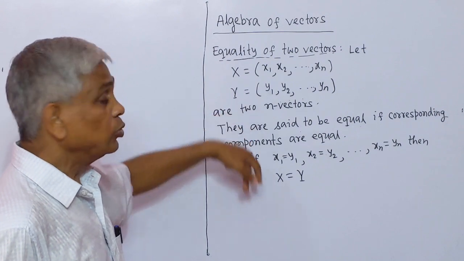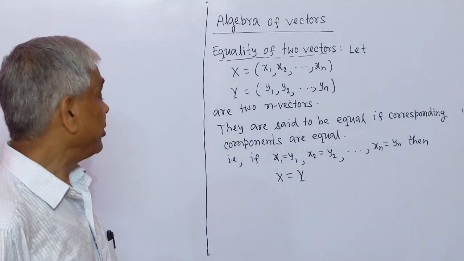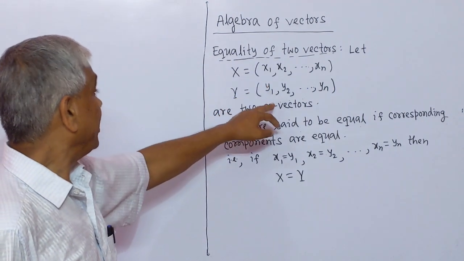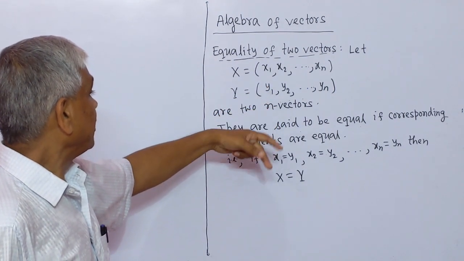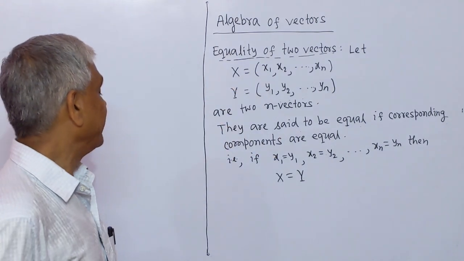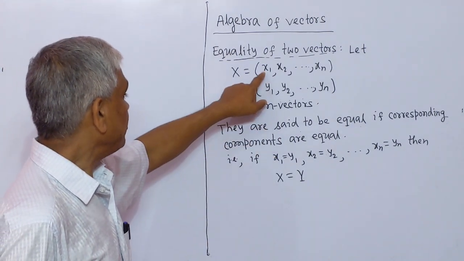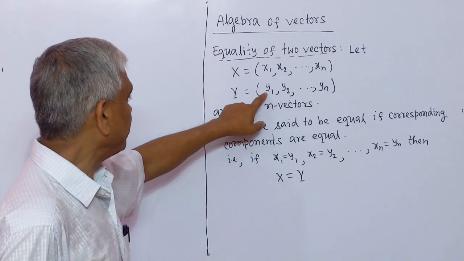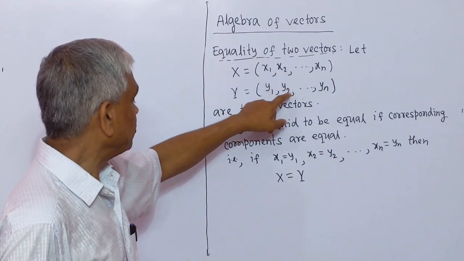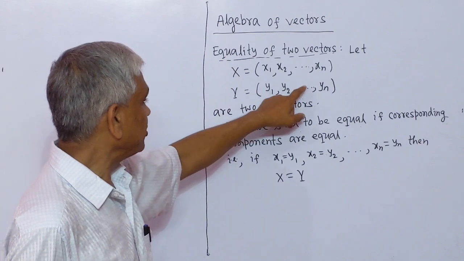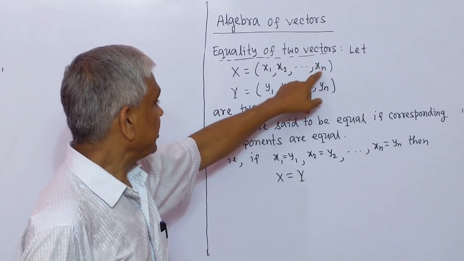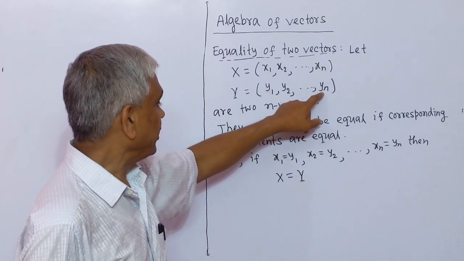These are two n vectors, means the number of components is n. They are said to be equal if the corresponding components are equal. That means the first component x1 equals the first component y1, the second component x2 equals the second component y2, and similarly the nth component xn equals the nth component yn.